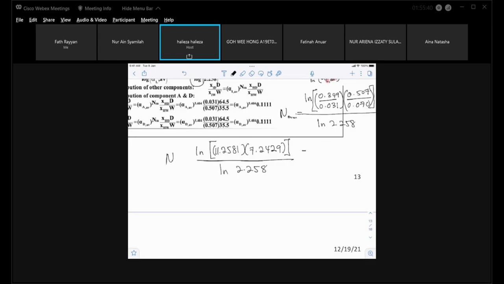N mean equals 4.4011 divided by natural log 2.258, which is 0.814415. What's the answer?